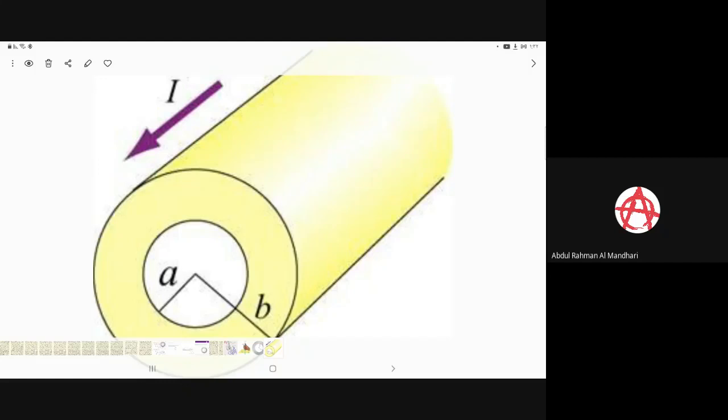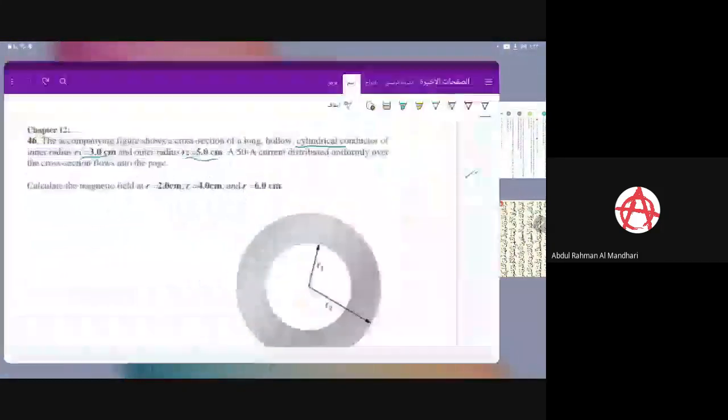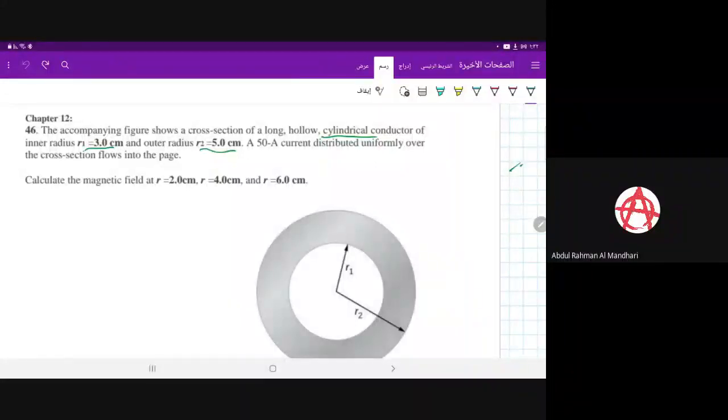The directions of these 2 conductors are totally different; one is going this way, the other in the opposite direction. Why in the coaxial cable? Because we want to eliminate the magnetic field outside. So it has a practical use, and this is why we use the hollow conductor. But now let's start the problem.